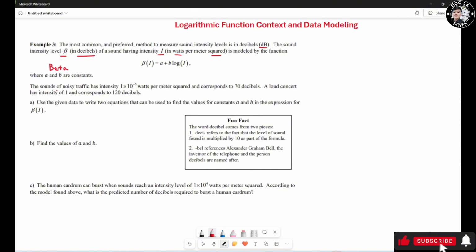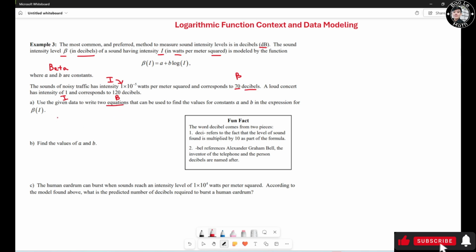Now, the sound of noise traffic has intensity I equals this, and then beta is 70 decibels, right? If intensity is I equals 1, then beta equals this one, right? Now use the given data to write two equations.